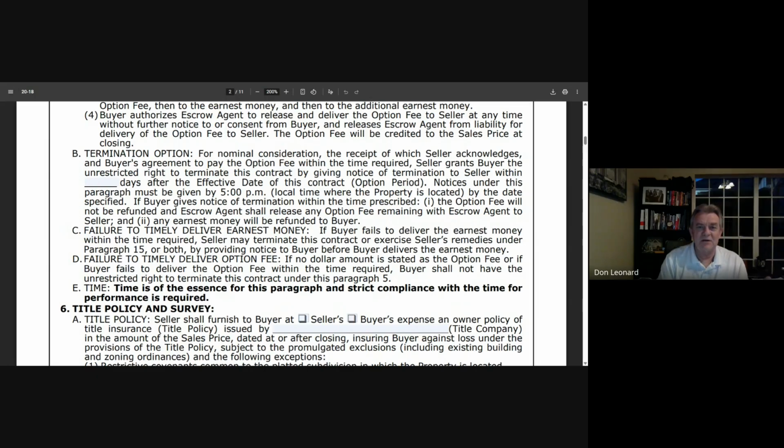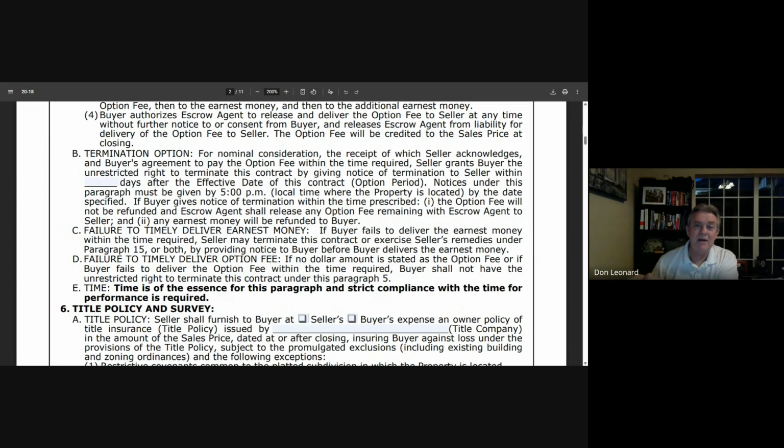Say the buyer didn't get the earnest money to the title company by the end of day 3. Beginning on day 4, the seller can terminate if they want, but they don't have to. The seller could say, that's okay, I'm good. We can go ahead and let this deal continue through. It also says that the seller maintains that ability to terminate all the way up until the buyer does finally deliver that earnest money.